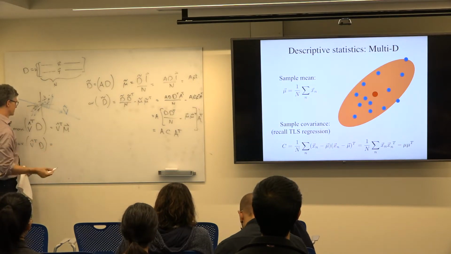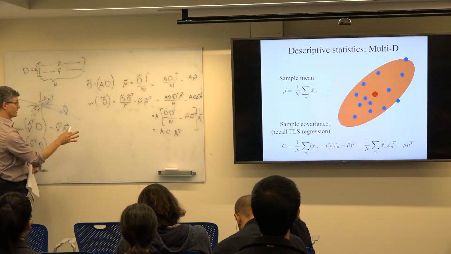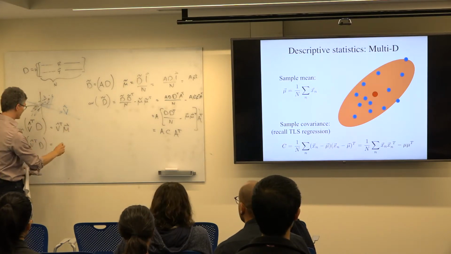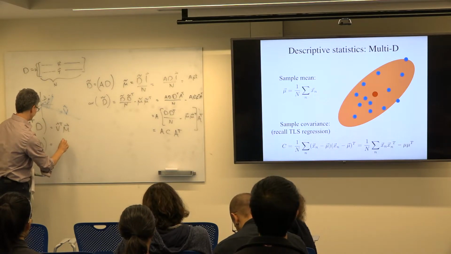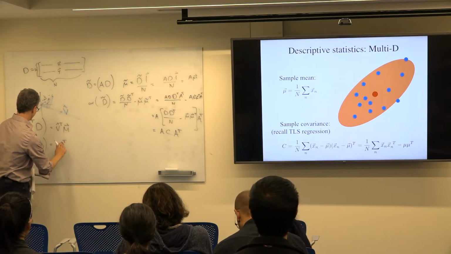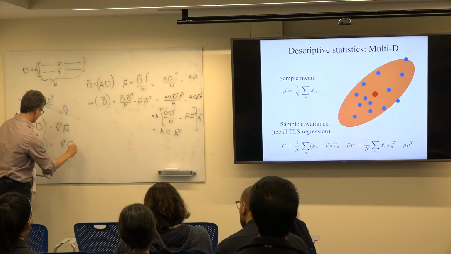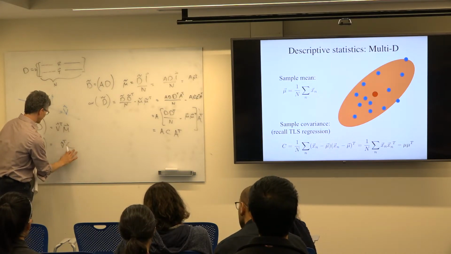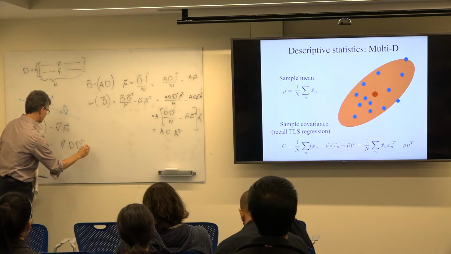And that covariance is the rule we just said. A is now v hat, so it's going to be v hat transpose times C, the original covariance. Let's write it out as D times D transpose, times v hat.